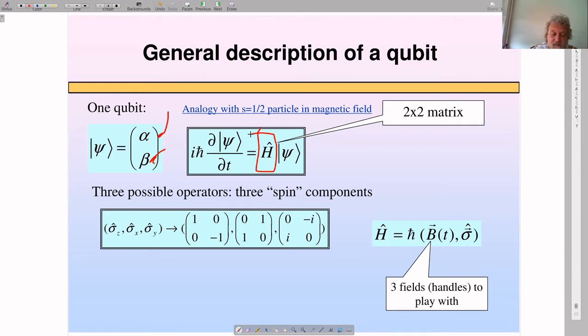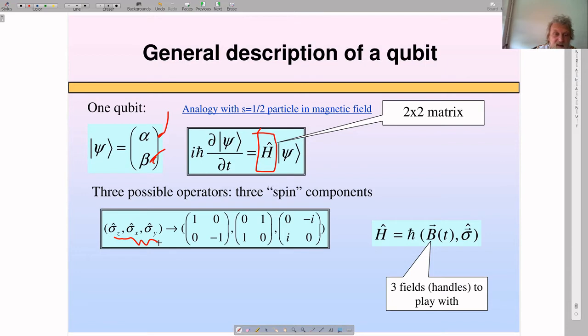So any 2x2 matrix can be represented as a linear superposition of three Pauli matrices. You remember Pauli matrices used to represent electron spin, three components. That's a kind of usual analogy.